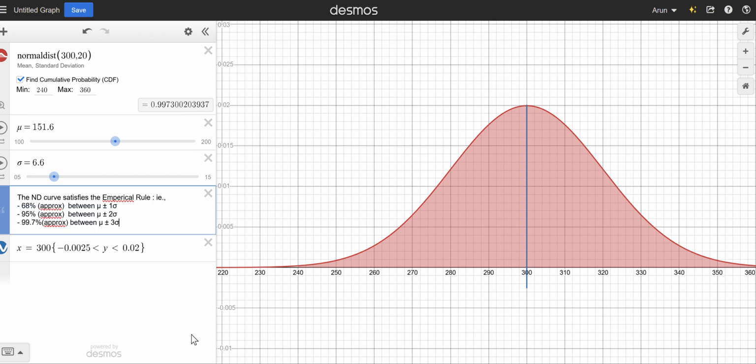I urge you to set up different distributions with different values of mu and sigma, change the limits to one, two and three standard deviations, and check the area under the curve. You will notice that it always very faithfully follows this rule.